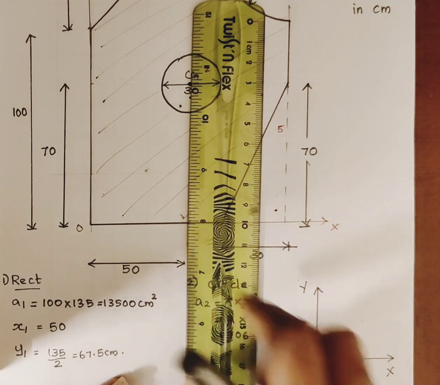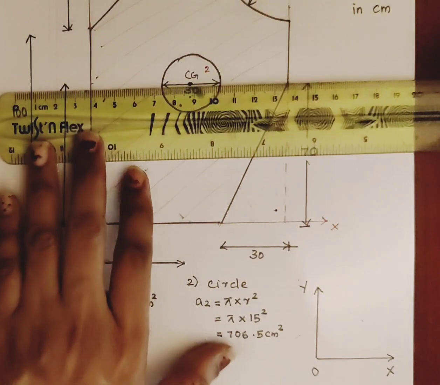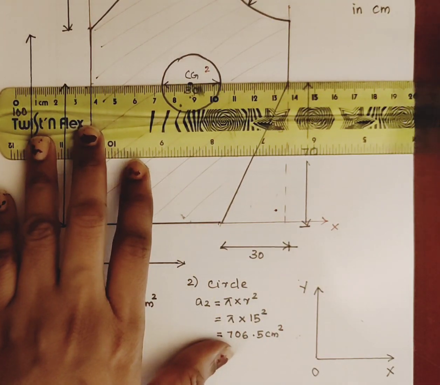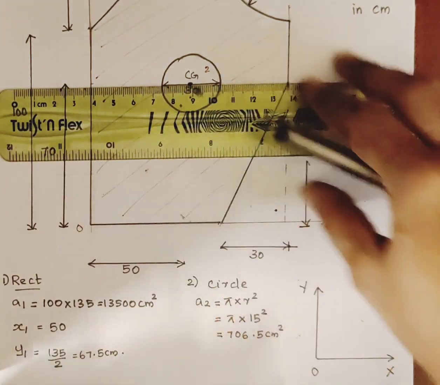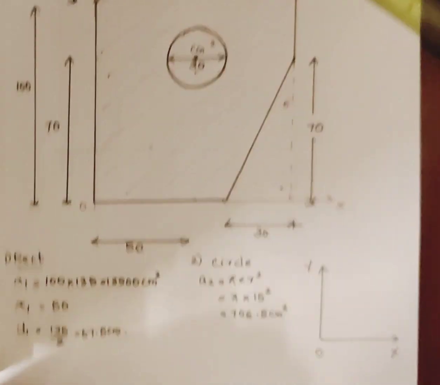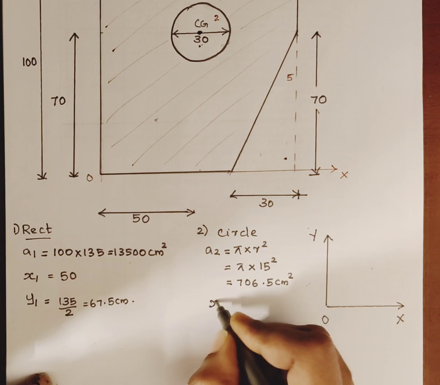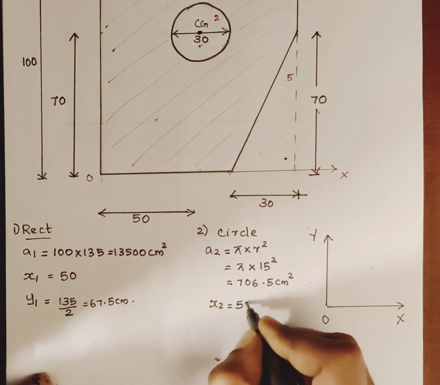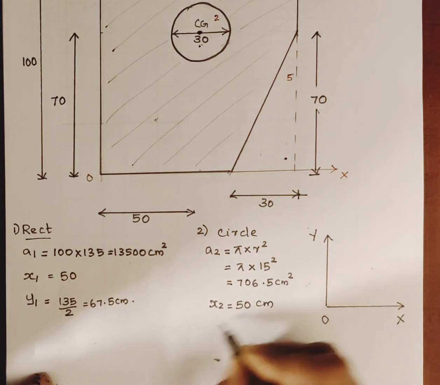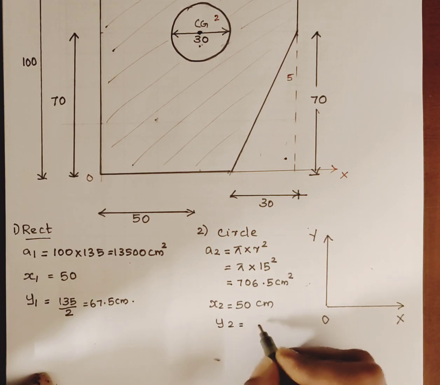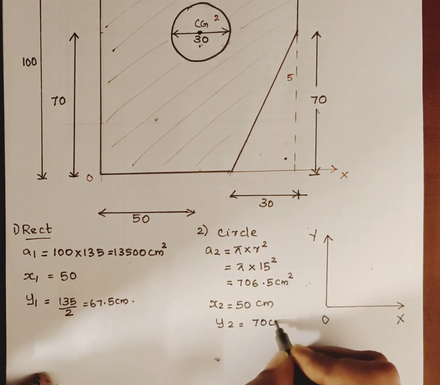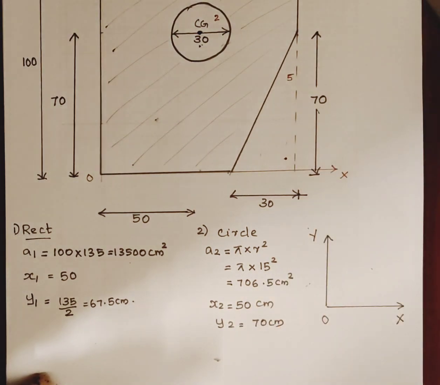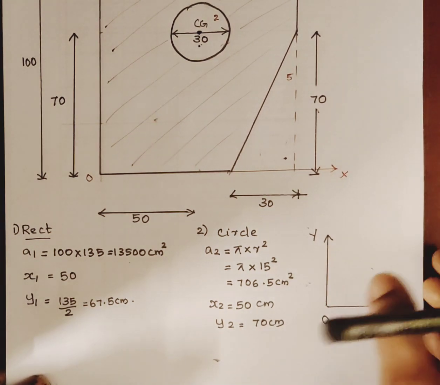X coordinate is 50 and the y coordinate is also given in the question. Y coordinate is this length, that is 70. So x2 is equal to 50 centimeter and y2 is equal to 70 centimeter.